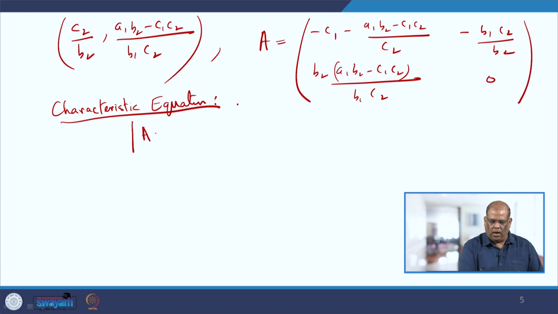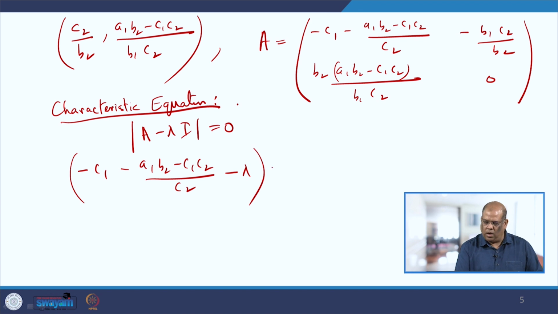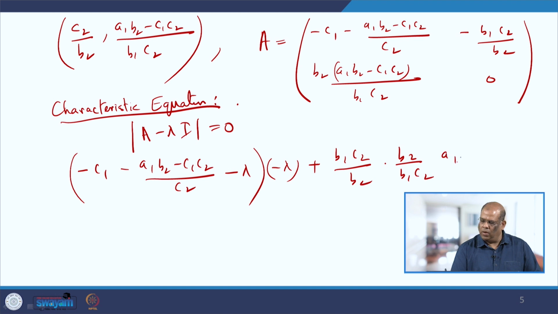It will be given by A minus lambda I equal to 0, and we will be getting minus C1 minus A1 B2 minus C1 C2 by C2 minus lambda, multiplied by minus lambda, plus B1 C2 by B2 into B2 B1 by C2 into A1 B2 minus C1 C2 equal to 0.